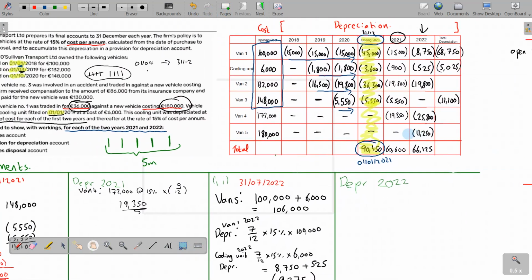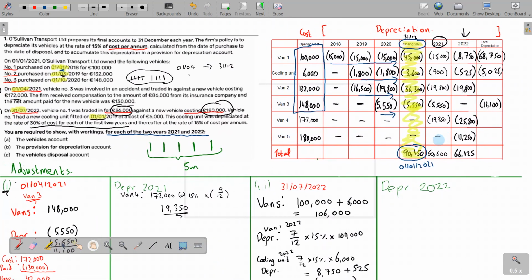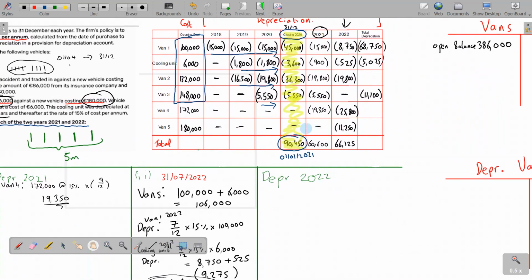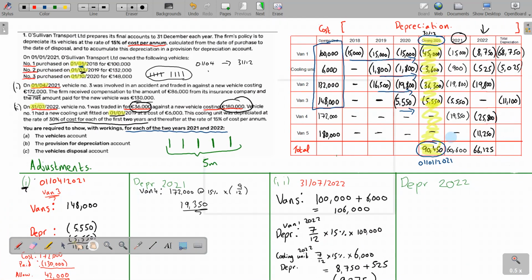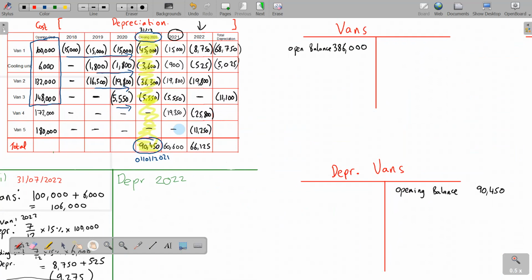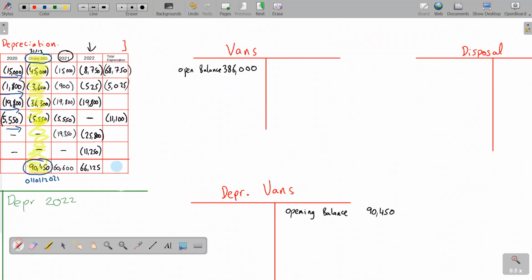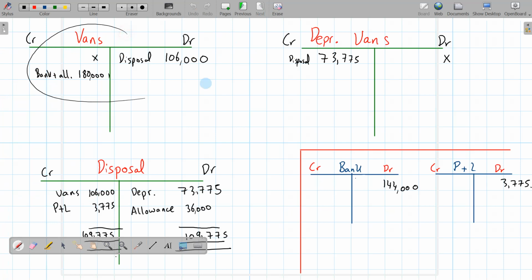So we said that we took out van 3, 148,000. So we'll just speed through this because we've already got it, and you can always just rewind to this for our adjustment 1.